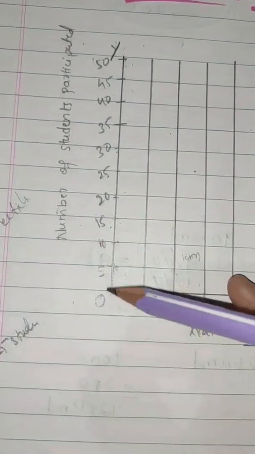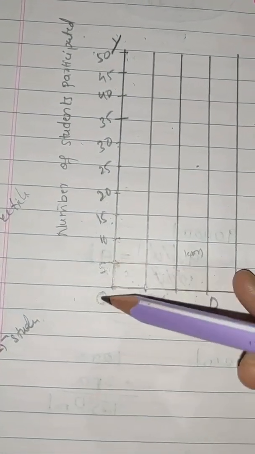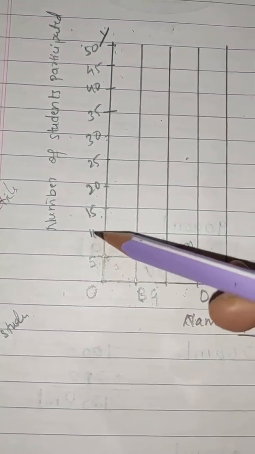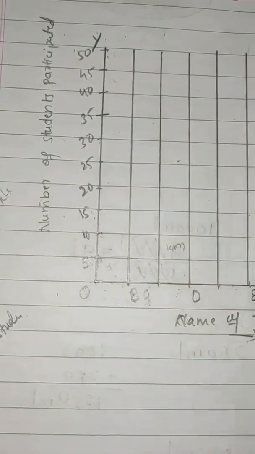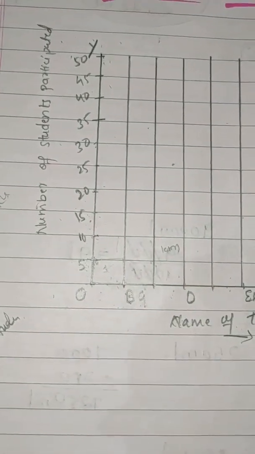See here, the distance between the two numbers is equal: 0 to 5 is a distance of 5, 5 to 10 is a distance of 5, 10 to 15 is a distance of 5. However you take it, it should be similar.